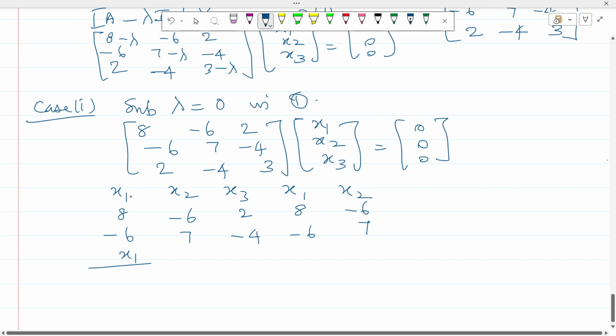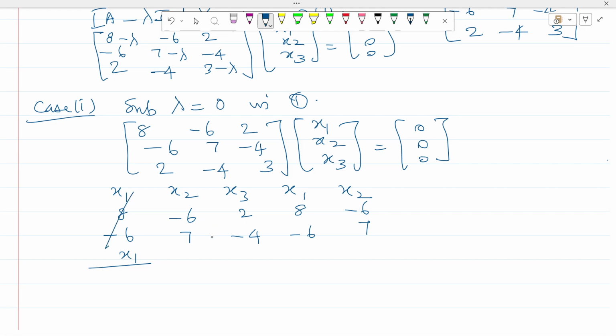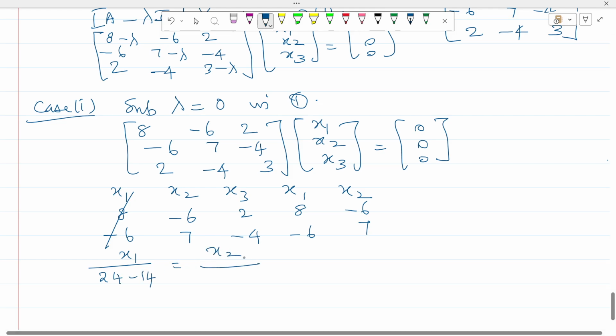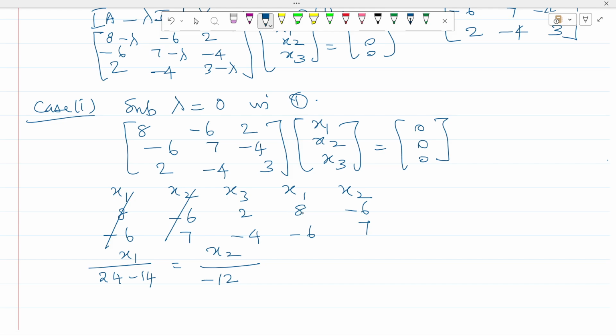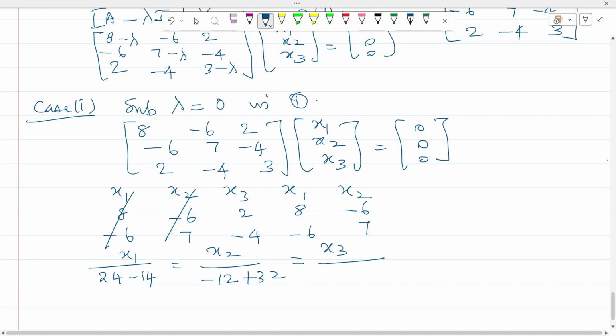For x1, leave the first row: 24 minus 14; x2: minus 12 plus 32; x3.